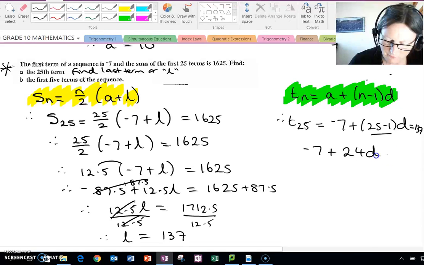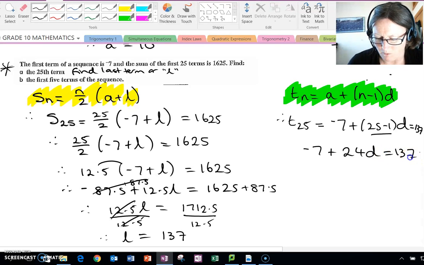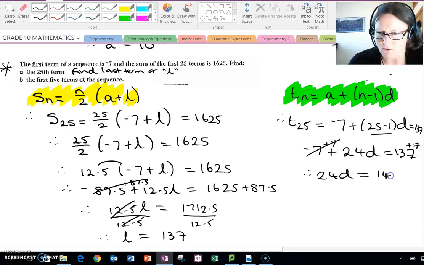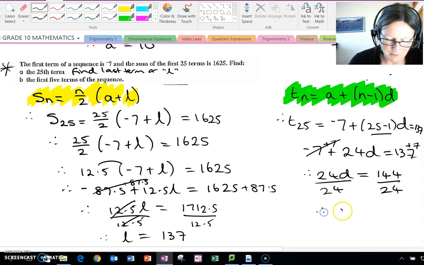Negative 7 plus 24D equals 137. I'm well on my way to finding out what D is. I'm going to add 7, so that cancels. Therefore, 24D is equal to 144, because that's what 137 plus 7 is. Divide by 24, divide by 24, and that means D is 6.